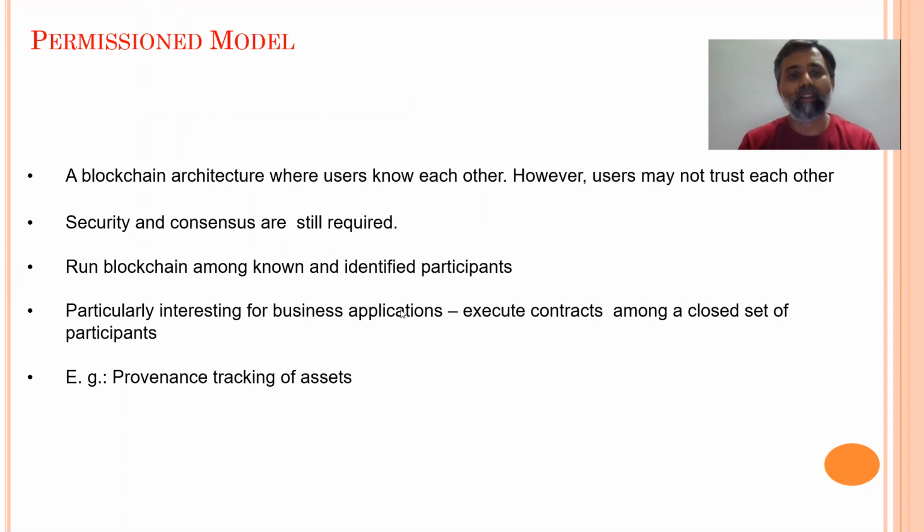And particularly for business applications, private blockchain can use this permission model among the closest set of participants. For example, a kind of tracking of assets. So the permission model is very useful in business applications and in a closed set of users.